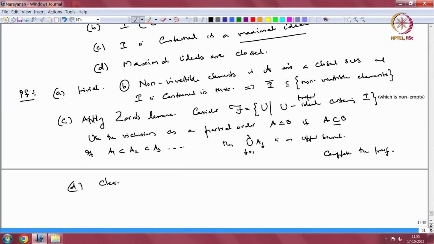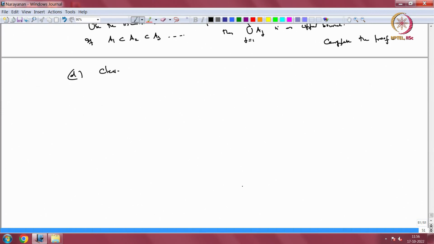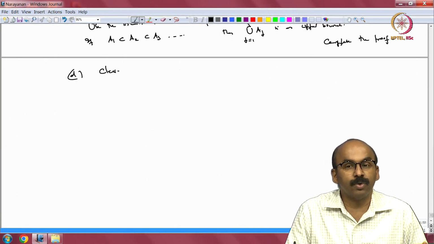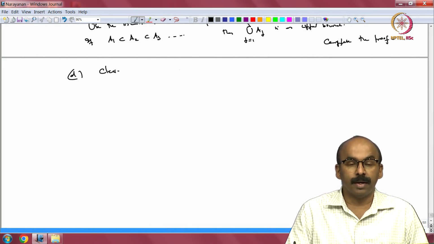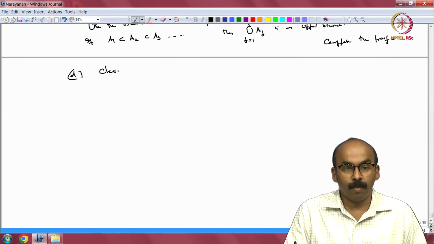Now, why are we interested in maximal ideals? Well, this will give us a correspondence between multiplicative linear functionals and maximal ideals. So, this is something you have seen in group theory, for example, group homomorphisms and normal subgroups of that group, right. Because the normal subgroups appear as kernels of homomorphisms, right.